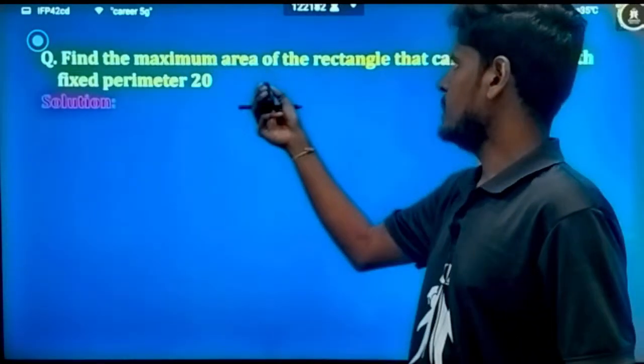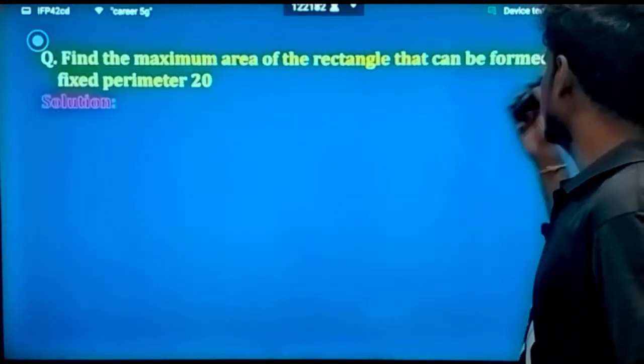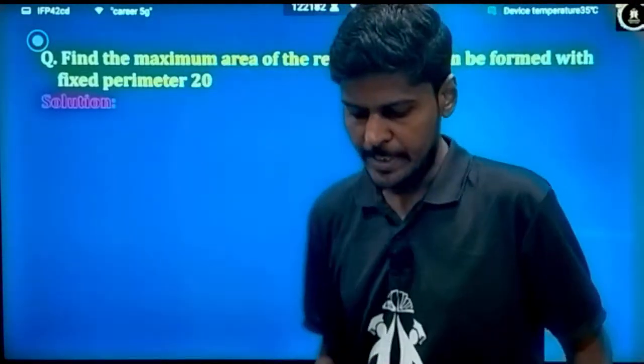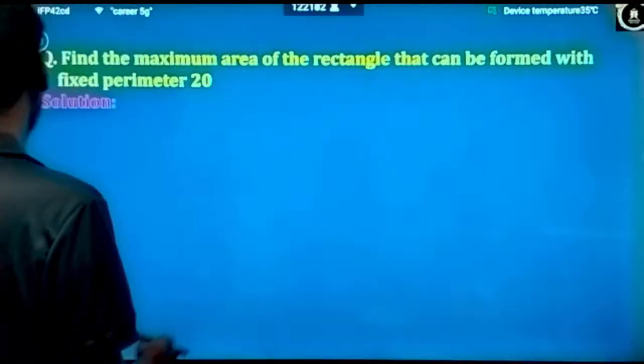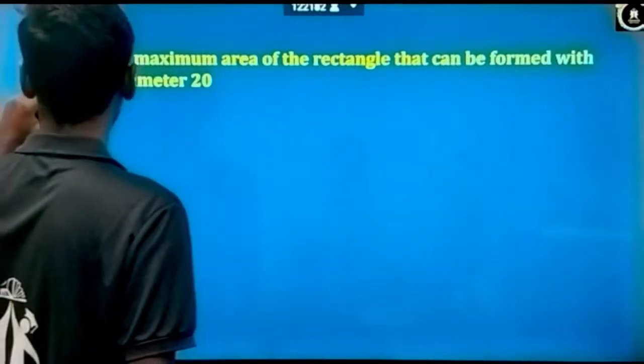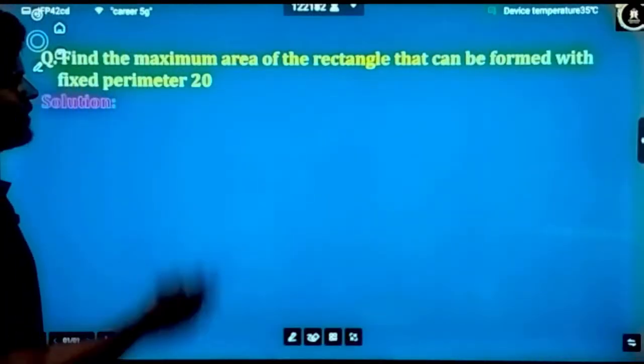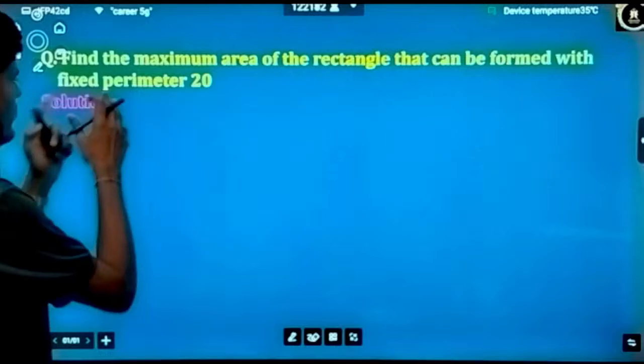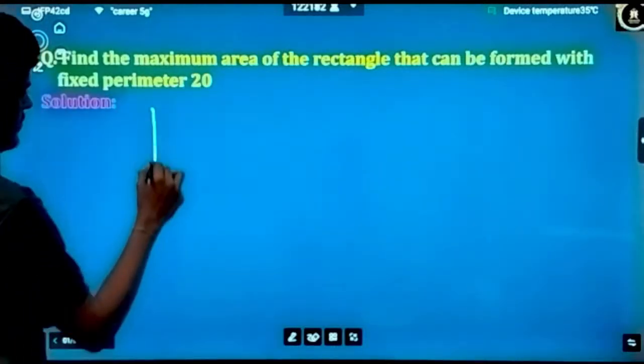Next question. Find the maximum area of a rectangle that can be formed with fixed perimeter.